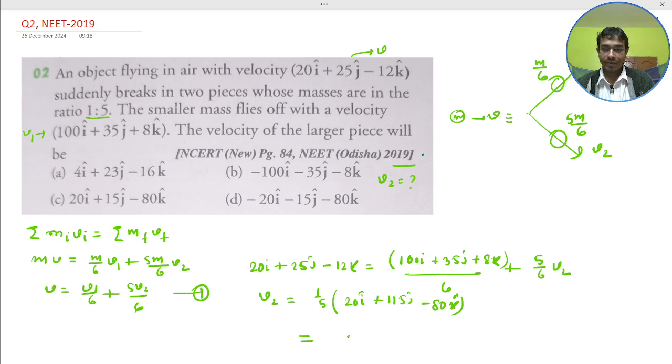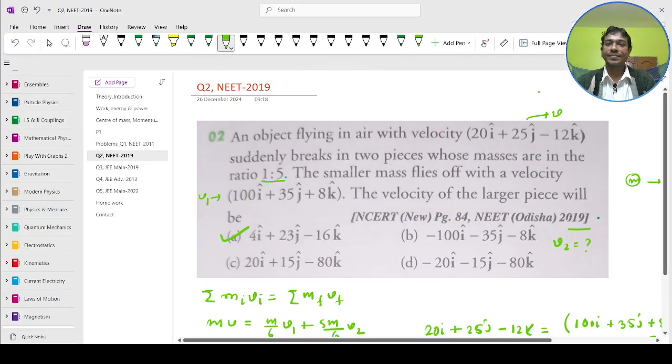So it would become 4i plus 23j minus 16k. So I think A would be our correct answer, 4, 23, minus 16.